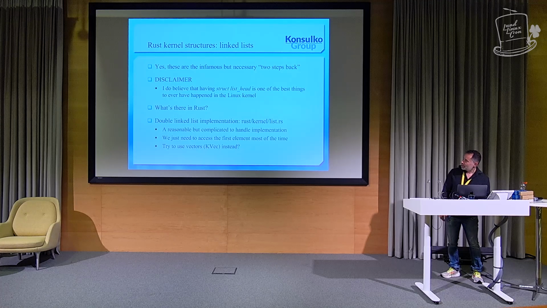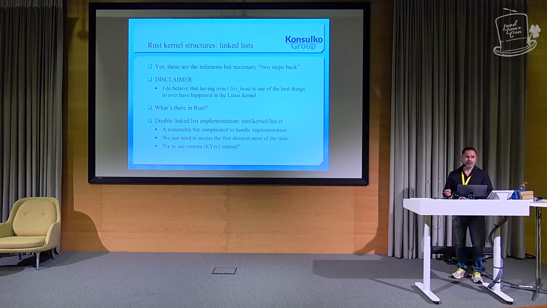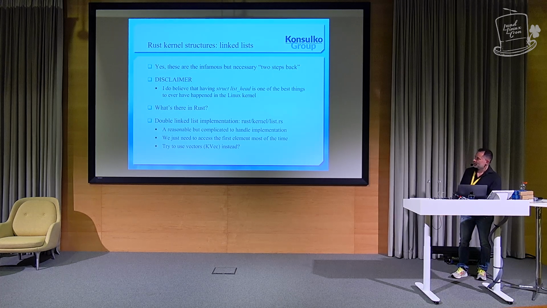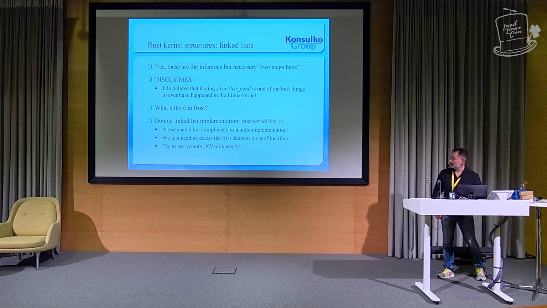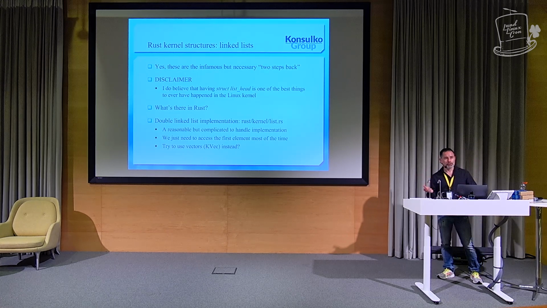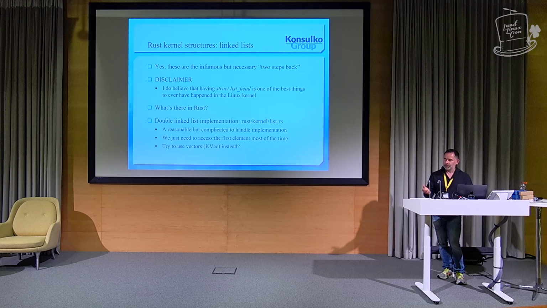The linked list implementation in Rust is reasonable but somewhat complicated because of the whole idea of having to be memory safe, and I think they even claim that it's thread safe. I'm not sure about that, but whatever. And what we do in Zblock is, first of all, we use the first element.